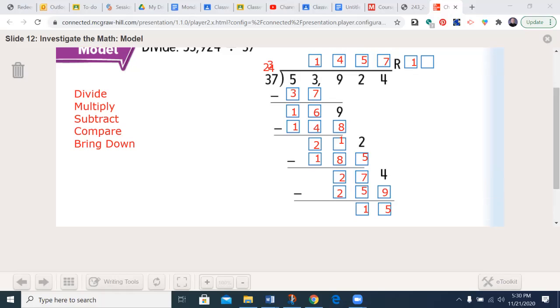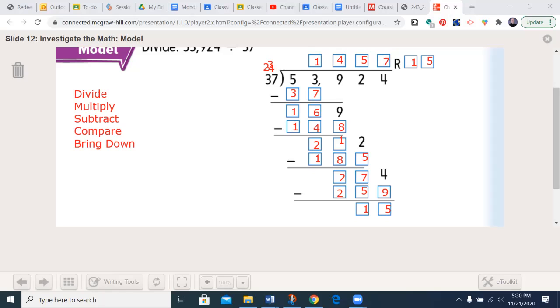So out of this problem, what I found is I did 53 divided by 37. I did 169 divided by 37. I did 212 divided by 37. And I did 274 divided by 37. At no point did I have to do 53,924 by 37.